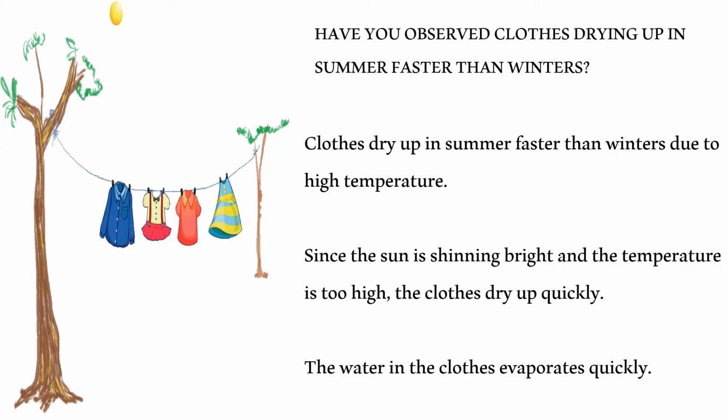Whereas in the winter season, the temperature of the sun is not that hot. So that is why it takes time for the clothes to dry up during the winters.